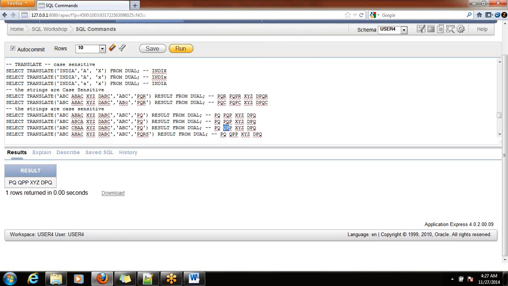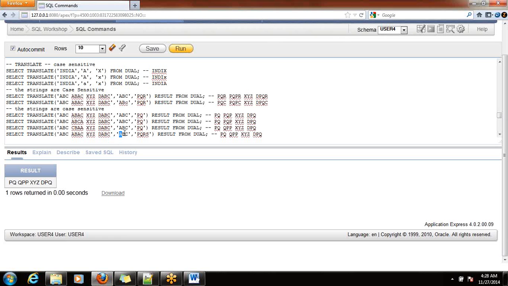There is no C. When I asked ABC to PQ, this gives PQ. Then here, CBA it is considering, and it is giving QP over there, and for A it is giving P, and XYZ as it is, and D PQ.